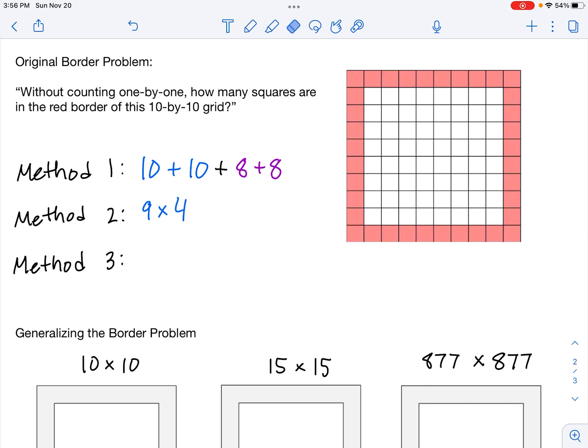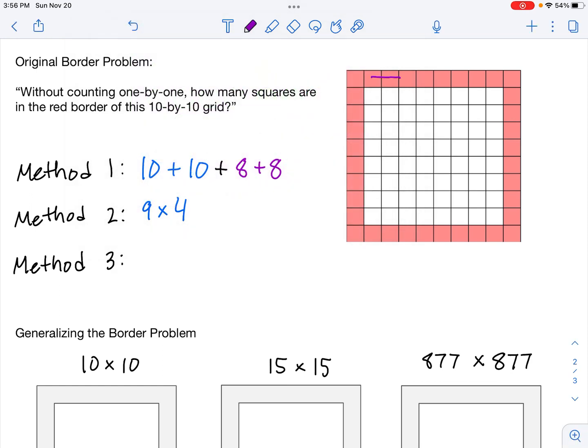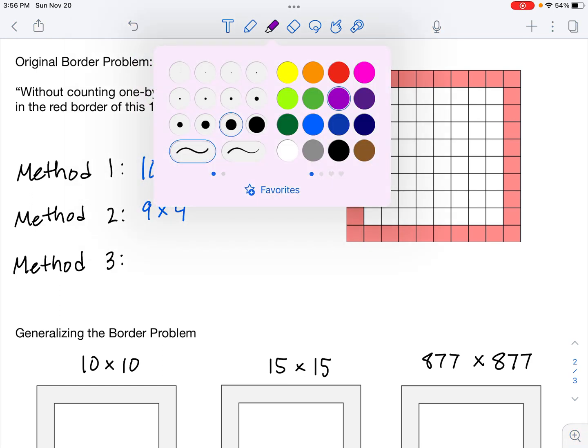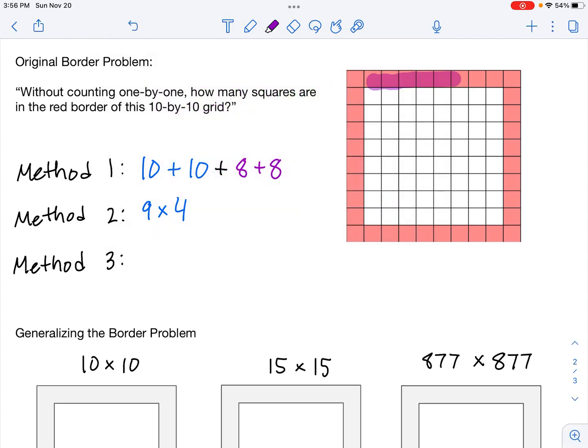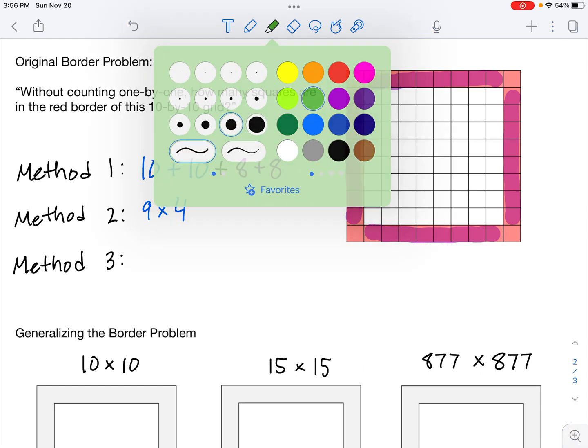Another way someone might count it is by doing something like this. Again, I'm going to use that 8. 1, 2, 3, 4, 5, 6, 7, 8. 8 over here, 8 over here, 8 here. And then I still haven't counted any corners, so I need to add those in at the end.